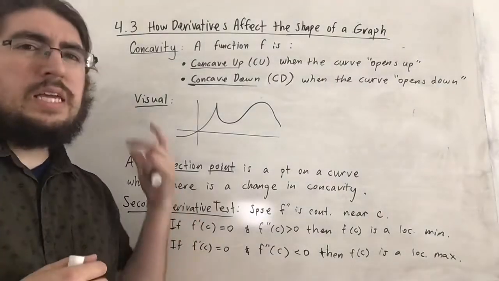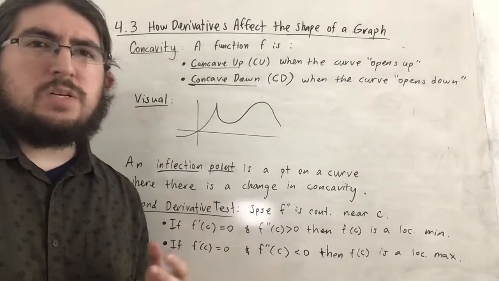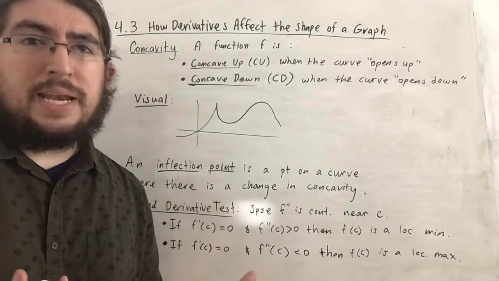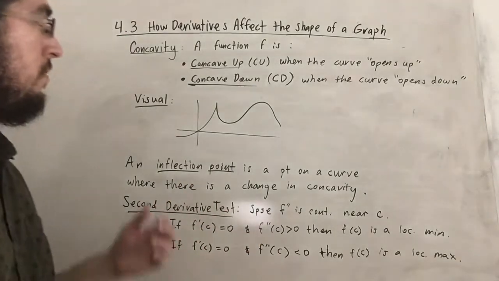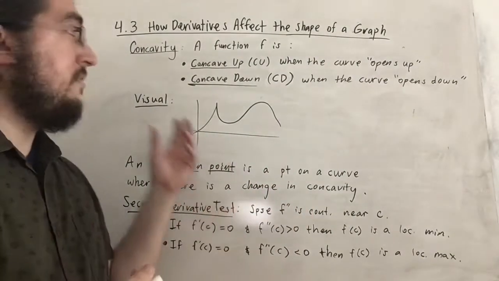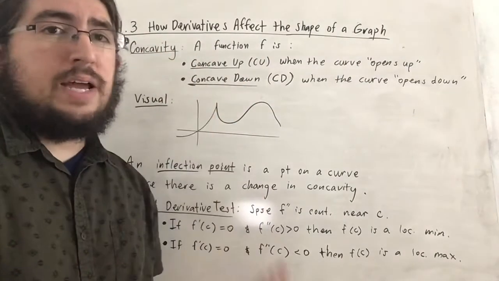Right, so the concept of concavity is honestly a rather straightforward one. The only issue is that there are different interpretations, or different ways of explaining it, but it's really the same idea all throughout. So this is the way I like to say it, a more intuitive way of understanding what concavity means. Here I say a function f is either concave up or concave down.